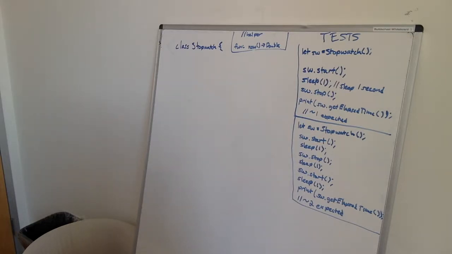And for the case where you call get elapsed time while it's still going, get elapsed time should also call the system time and subtract it from the start time that we saved. That should work.